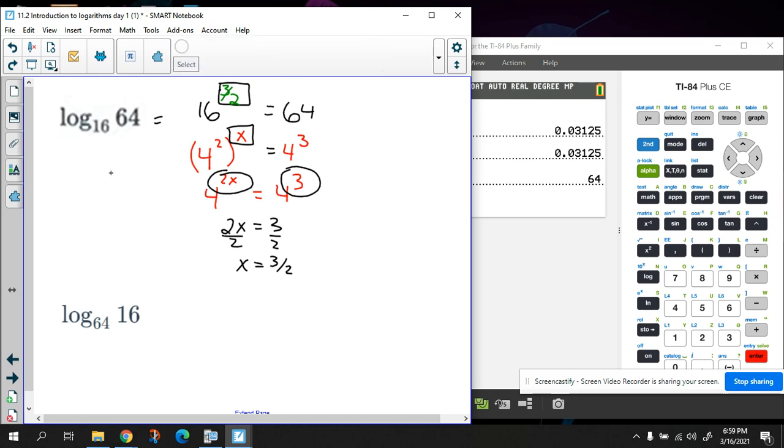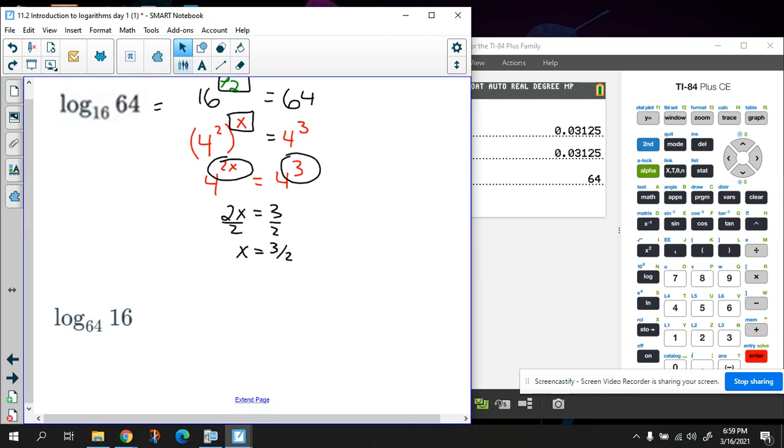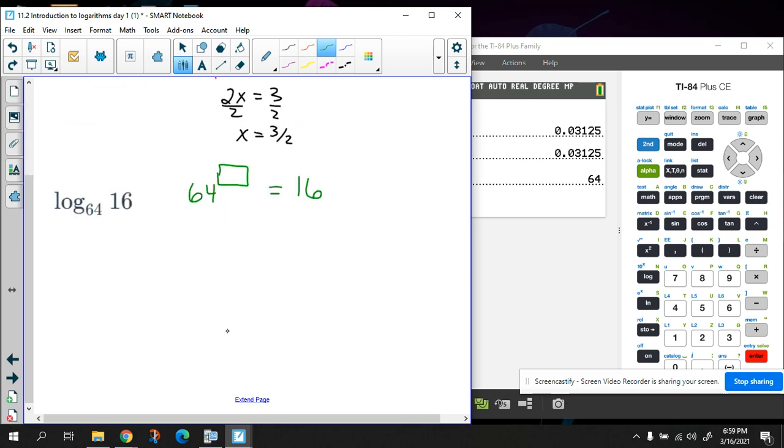Let's go ahead and finish our last 2 to 3 examples here. If they switch the argument and the base, now we need to do 64 raised up to some power needs to be 16. Again, 64 can be written as 4 raised up to the 3rd power, and we still have raised up to a power. And 16 could be written as 4 squared.